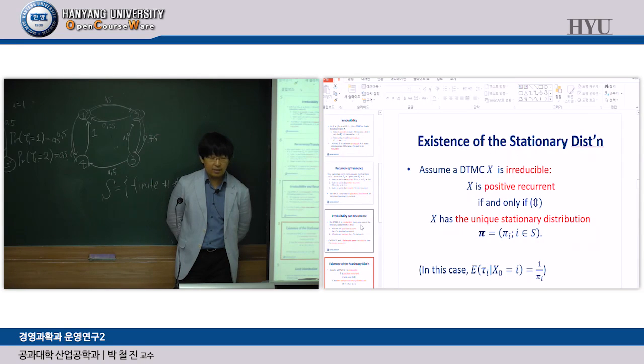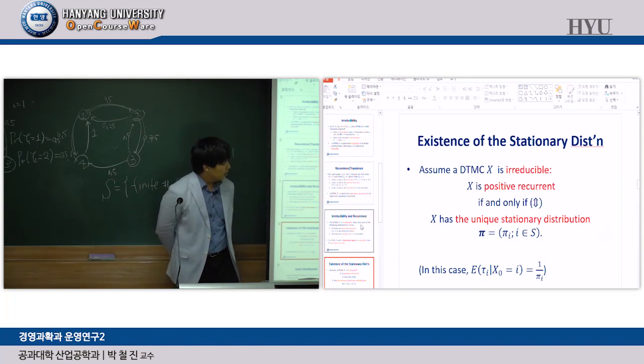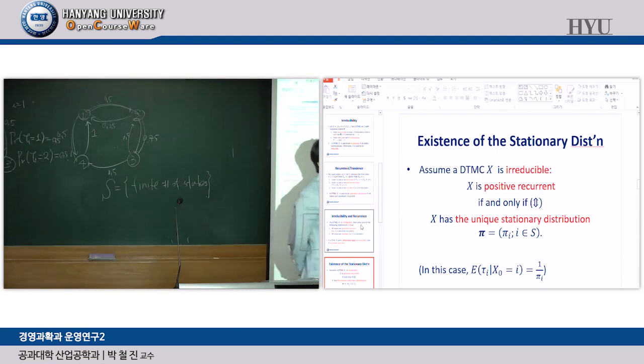In that case, as long as you can figure out the chain is irreducible, and you find the unique stationary distribution, then we can conclude that the chain is positive recurrent, because these two concepts have an if and only if relationship.